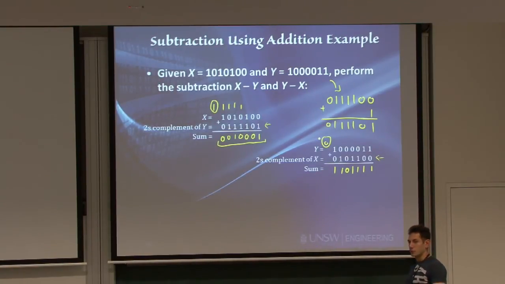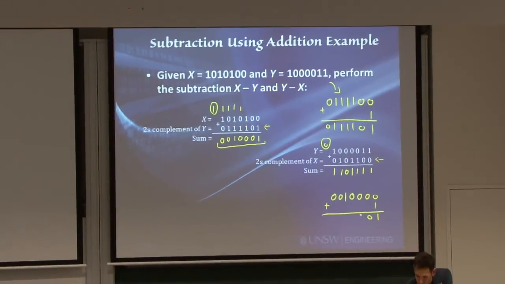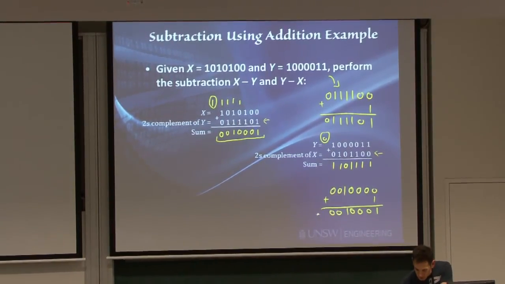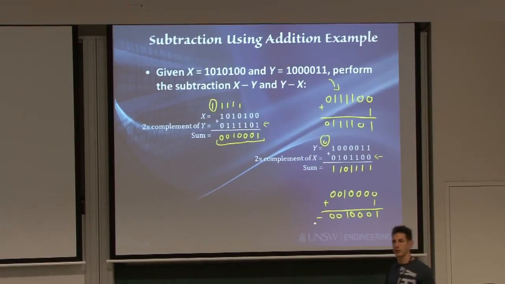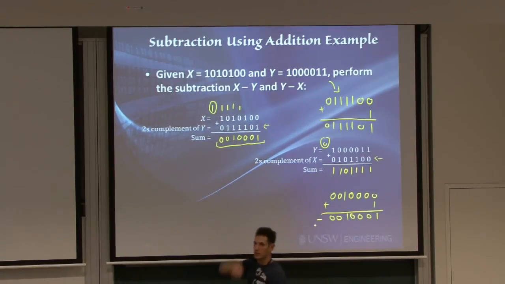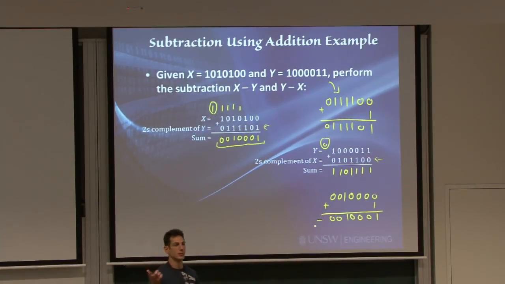To correct for the sum, we said we'll take the 2's complement of the result. So again, invert all the bits, plus 1, and we'll stick a minus sign to that result. So invert all the bits, we'll get 0, 0, 1, 0, 0, 0, 0, plus 1, we get 1, 0, 0, 0, 1, 0, 0, and we'll add a minus sign at the front. And it's a good sign that this magnitude is equal to this magnitude and just negative in sign.